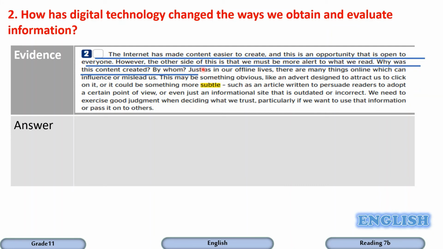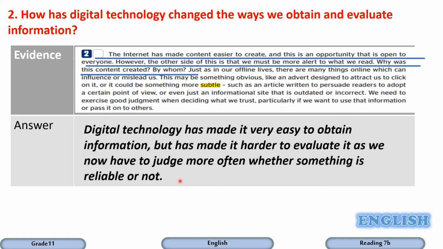However, the other side of this is that we must be alert to what we read. Why was this content created and by whom? So digital technology has made it very easy to obtain information, but has made it harder to evaluate it, as we now have to judge more often whether something is reliable or not.